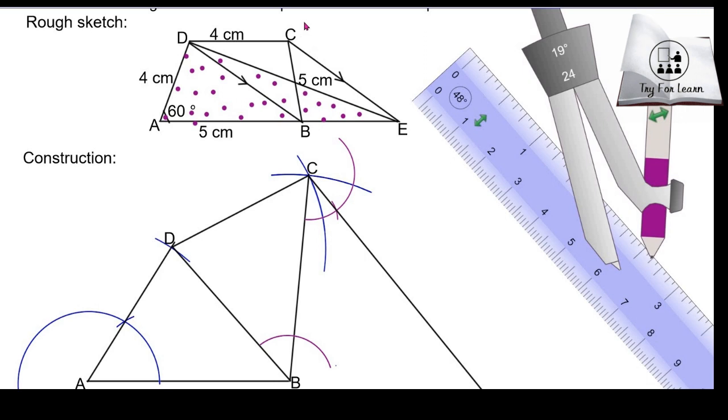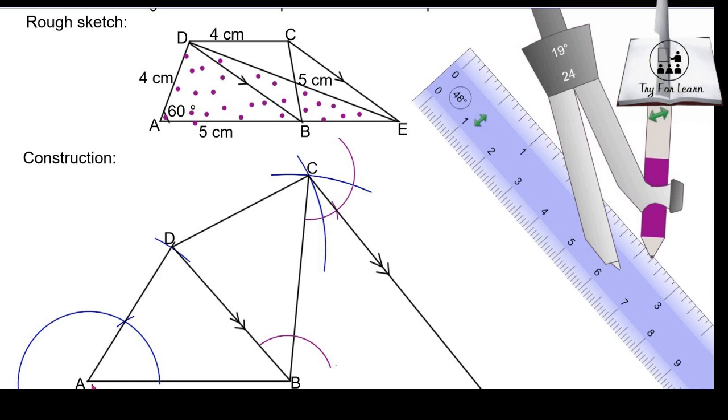This line will be parallel with BD because these both arcs are equal, so these angles, this one and this one, are equal. So we can say that those are alternate angles. Being alternate angles equal, we can say that this DB line is parallel with the line which is drawn from C.